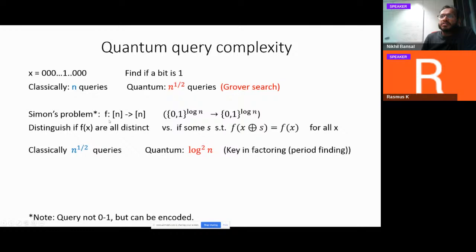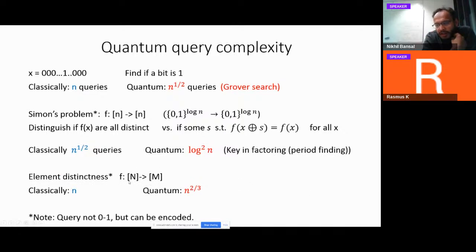So again, the output here, strictly speaking, is not binary, right? It's not 0, 1, but one can do encoding tricks. That's why you lose these extra log n's here. Similarly, another famous problem is element distinctness, where you have n entries and they're all mapped to some output range, say m, and you want to figure out whether they're all distinct or there is a collision.